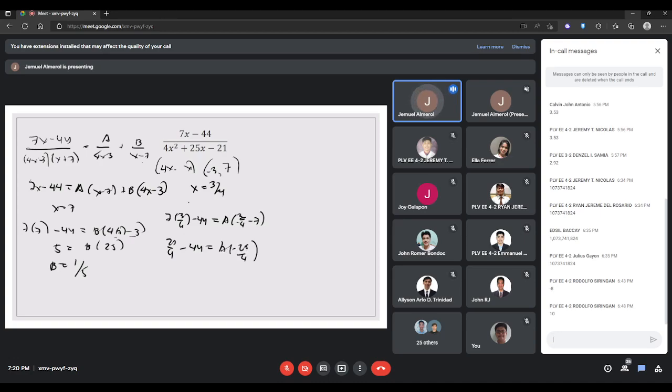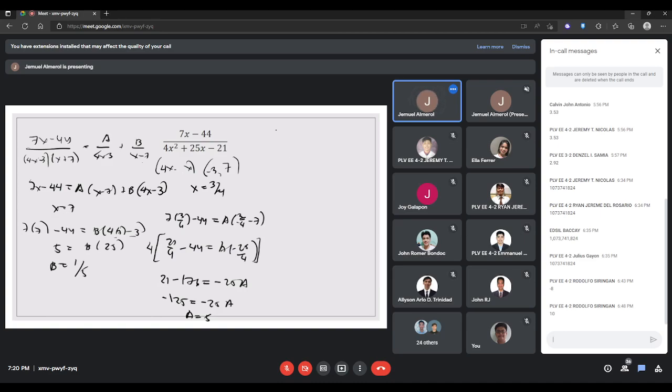So, para masimplihan kayo, multiply nyo na lang ng 4. So, 21 minus 176. That would be equal to negative 25A. Right? So, negative 125 equal to negative 25A. Thus, our A would be 5.